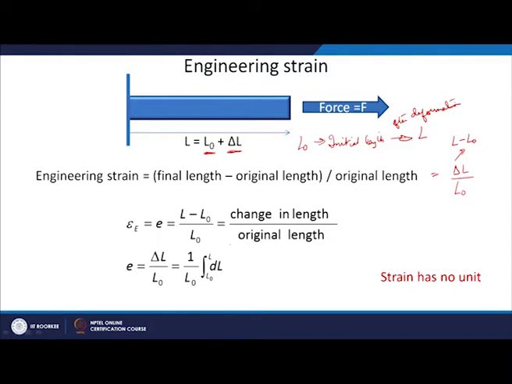Or if you want to integrate over all the deformations, it will be 1 by L naught times the integration from L naught to L of dl. Suppose I am doing the deformation in increments, I can do an integration like this to get the total engineering strain in the material.